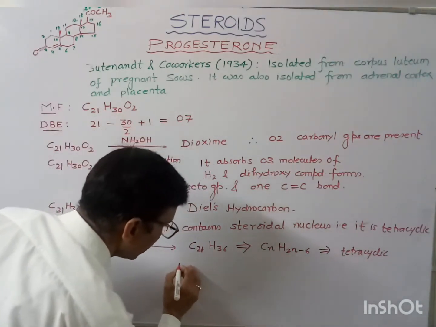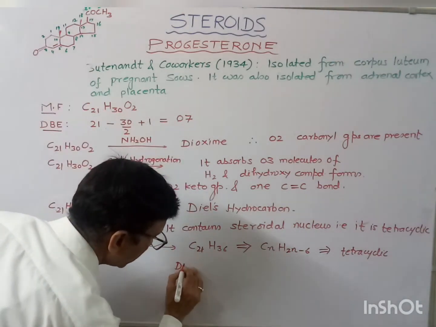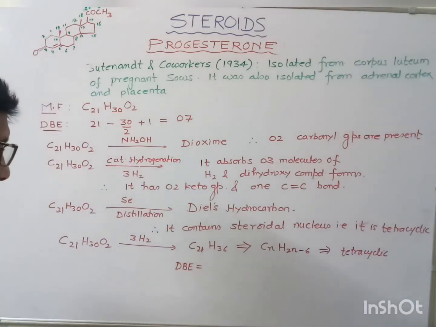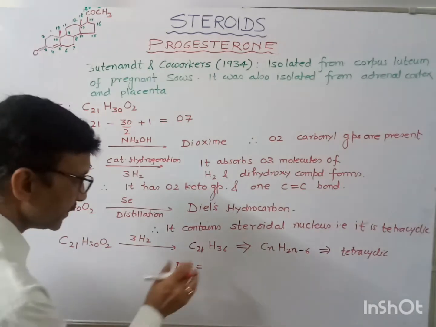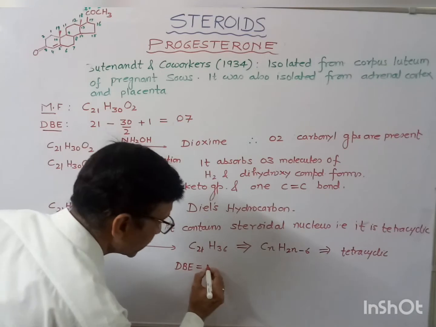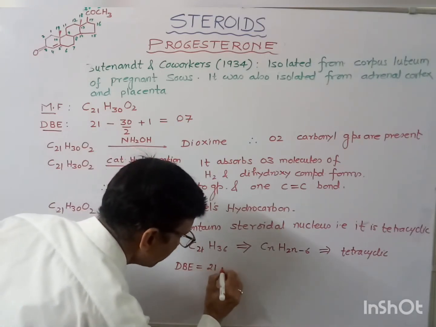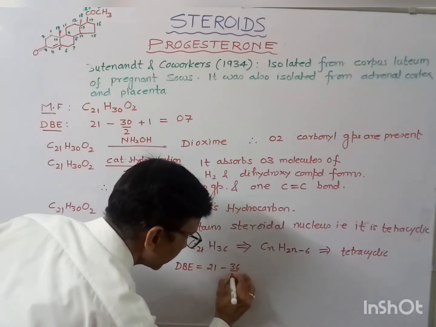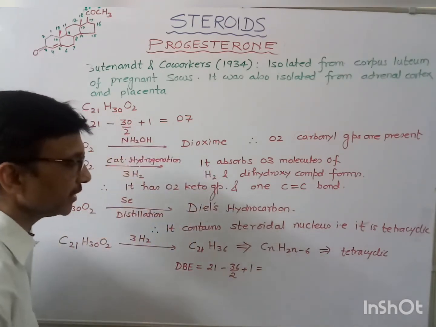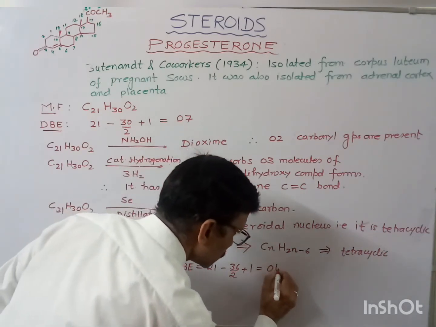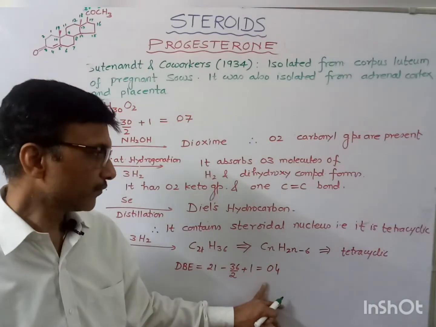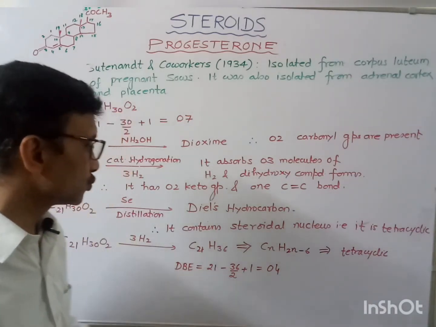Otherwise, if we calculate the double bond equivalent of this completely saturated molecular formula, it is 21 minus 36 divided by 2 plus 1, so 22 minus 18, which comes out to be 4. This 4 corresponds to the 4 rings.